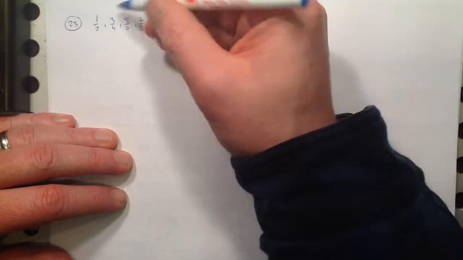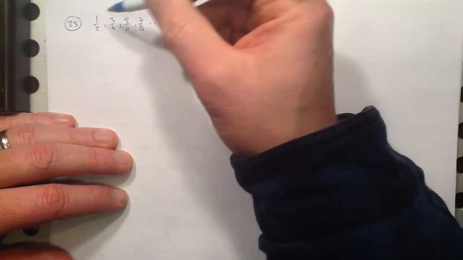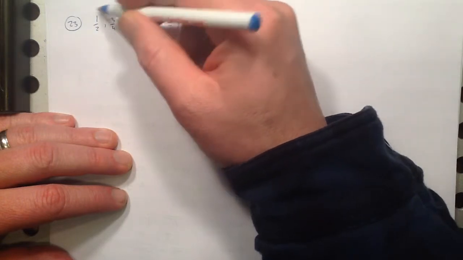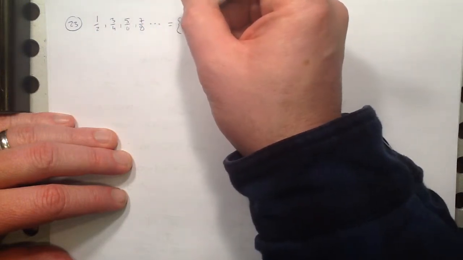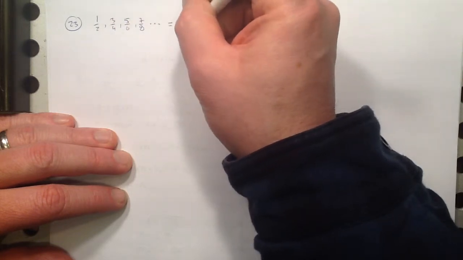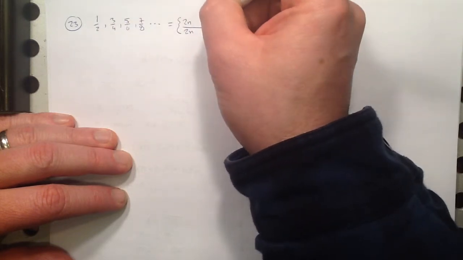So that's equal to, on the top, I have 1, 3, 5, 7. So that has a slope of 2. It's going up by 2 every time. So it's 2n plus or minus something. On the bottom, it also has a slope of 2. I'm going to leave this part blank first.